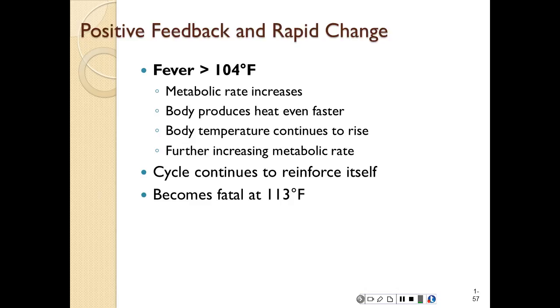Now, if the body's temperature reaches above 104, it's considered a fever. The metabolic rate starts to increase, which causes the body's temperature to rise even further. The cycle continues to reinforce itself. Of course, it's very fatal when we get to 113 degrees Fahrenheit.